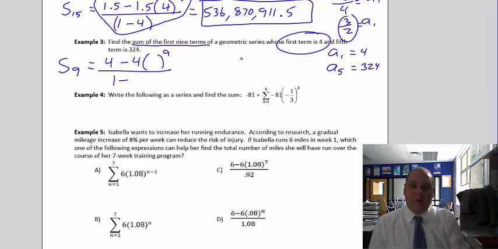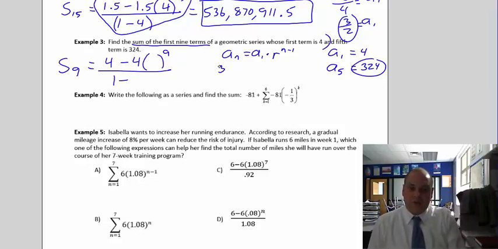So I can use my formula, right? A sub n equals A1 r to the n minus 1. That's my geometric formula. All right. A sub n is going to be 324. So 324 equals A1, which is 4, times r to the n minus 1. Now n is 5 because I'm using the fifth term. 5 minus 1 is 4.